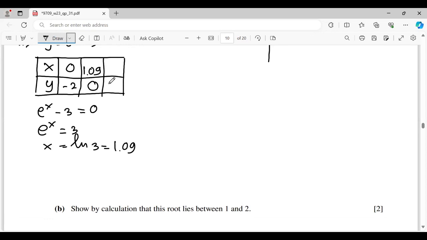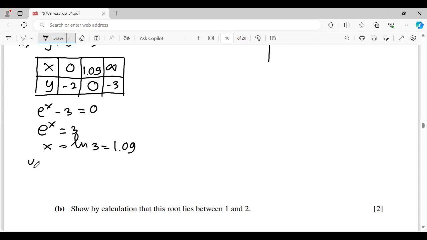And if y equals minus 3, so x equals infinity, or no solution.